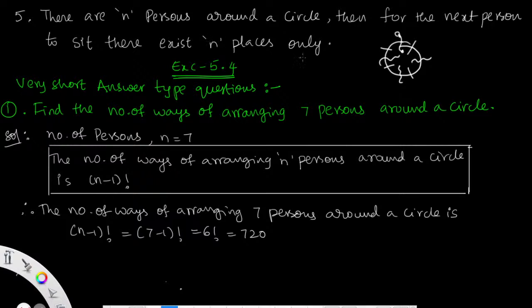Like that, n persons around a circle can be arranged in n places only. These are the formulas for circular permutations.